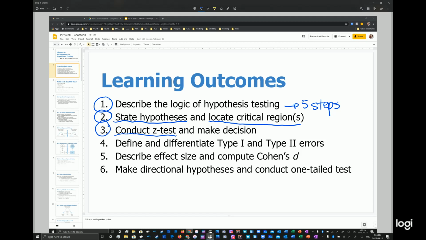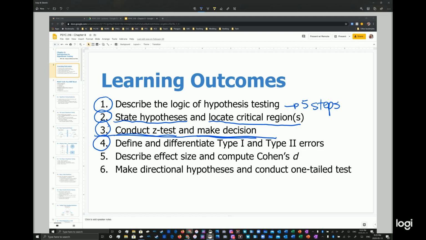Once we have compared the sample mean against the population mean in the sampling distribution, and we can say whether it's far away enough from the population mean for us to say there is a difference, whether it's outside or within the critical region, then we make a decision to say whether there is yes difference or no difference. When we say yes difference, we are rejecting the null hypothesis, and when we say no difference, we fail to reject it. And we'll explain that as well. So that would cover our first section, I think.